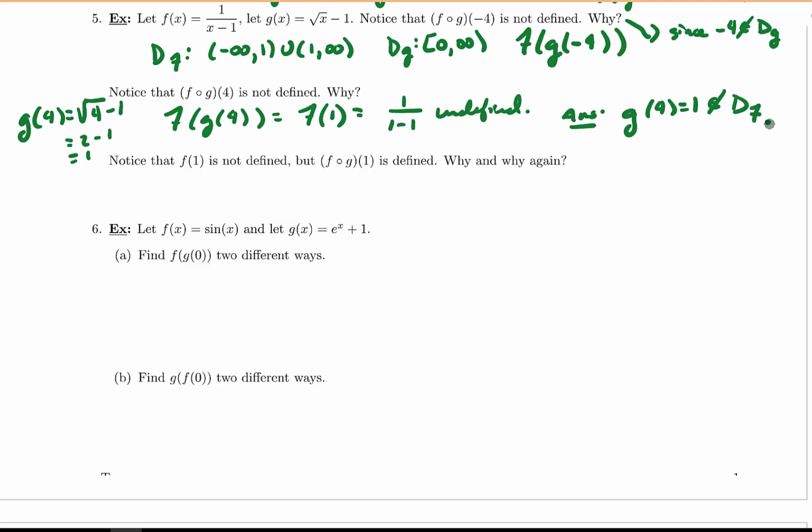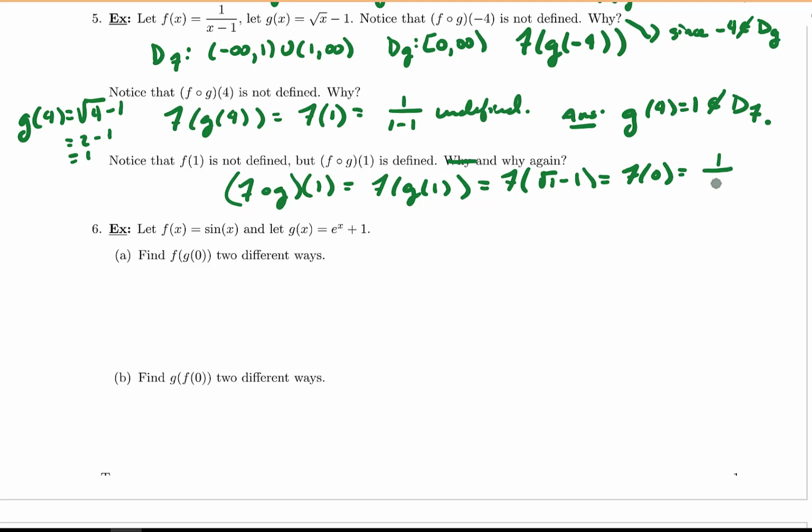Okay? So notice, of course, that we've already said that f is not defined at 1, so it's kind of a silly question. We've already answered that. Okay? But f of g of 1 is defined. Let's just check that. f of g of 1, well, g of 1 would be the square root of 1 minus 1, which would be f of 0.